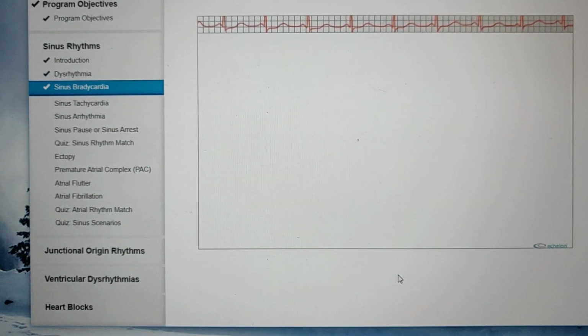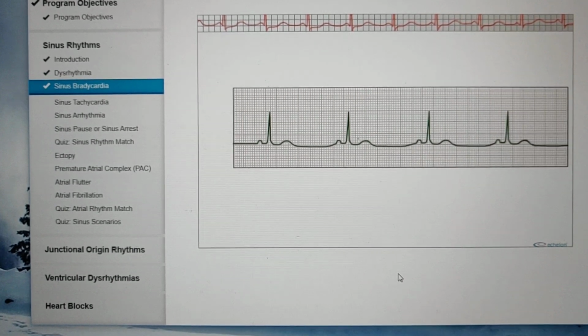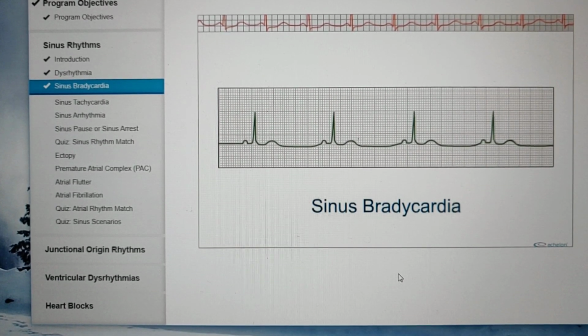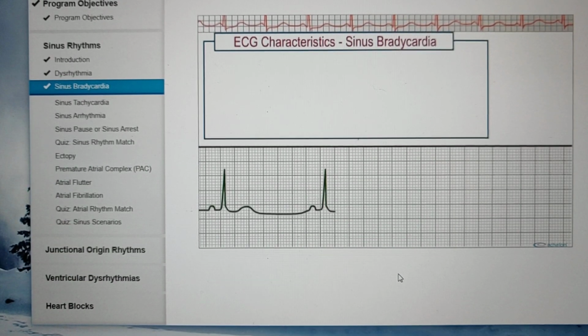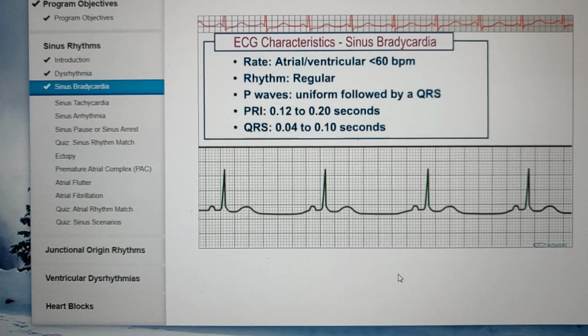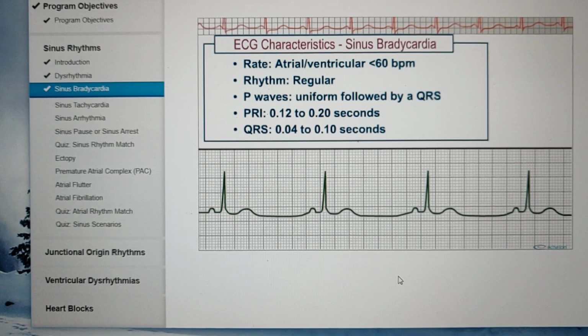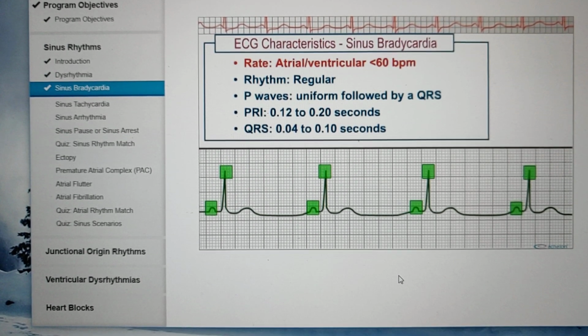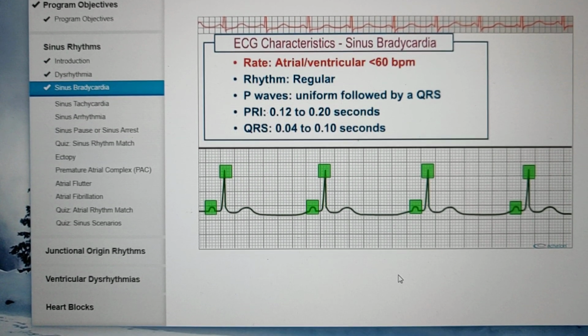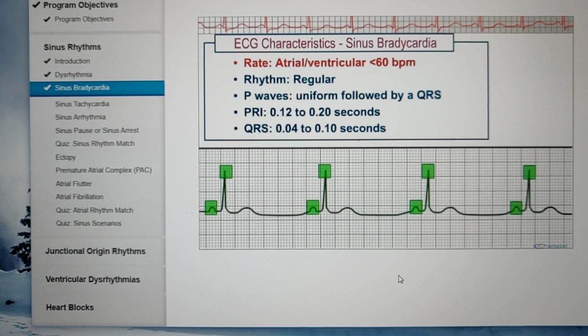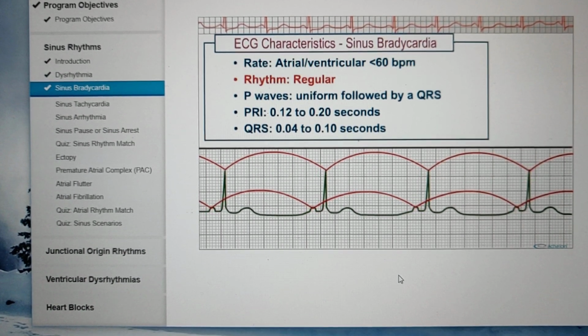Let's examine the ECG characteristics for a sinus bradycardia. As you will see, it follows all the criteria for normal sinus rhythm except for the rate. Rate. Atrial and ventricular rates are less than 60 beats per minute. Rhythm.